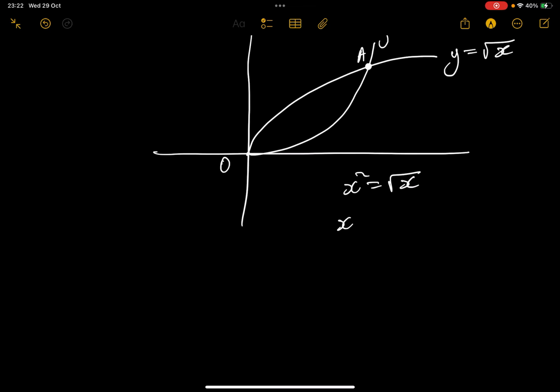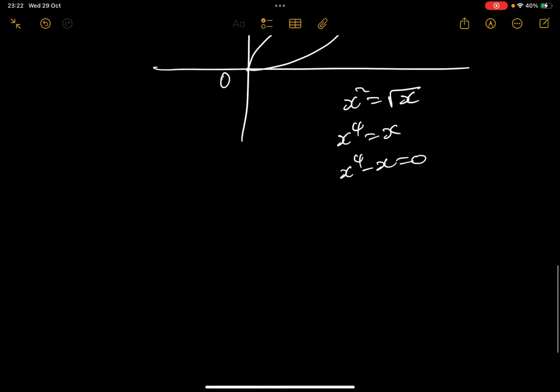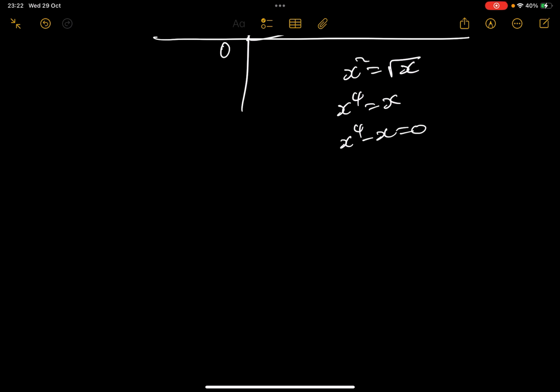That means x to the power 4 is equal to x, and x to the power 4 minus x is equal to 0.